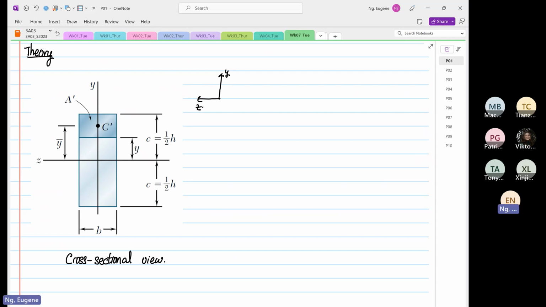The thing that we're going to do now is we're going to derive the shear stress equation that specifies the shear xy, is equal to 3/2 V over A, and then multiplied by 1 minus y squared over c squared.